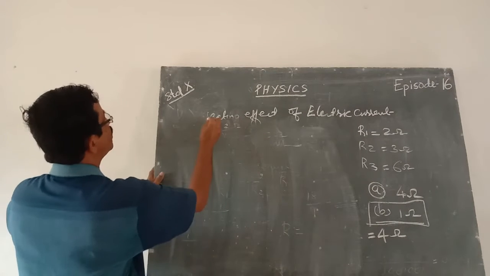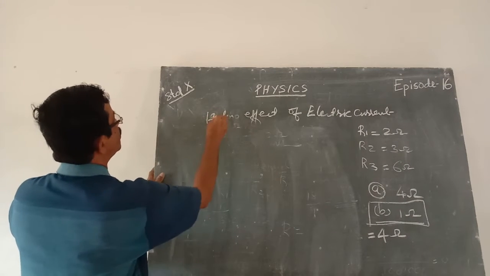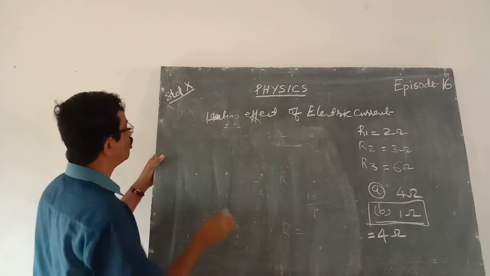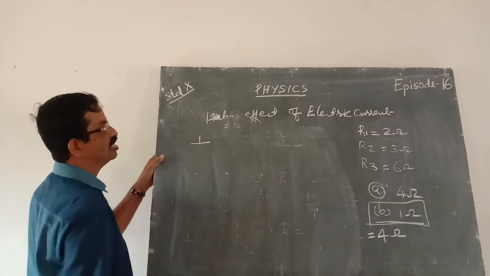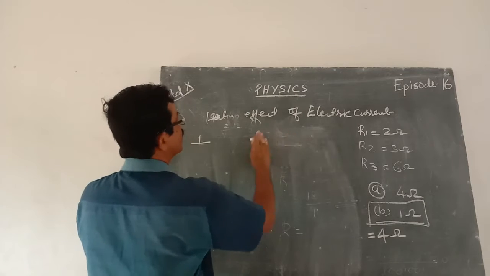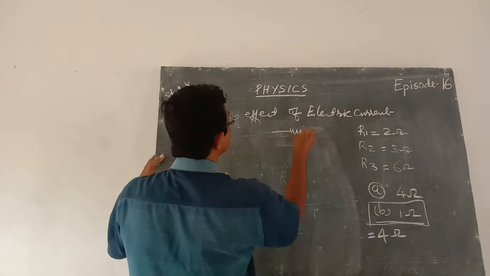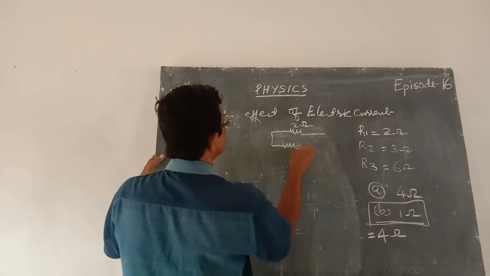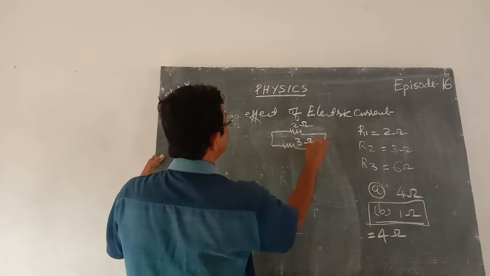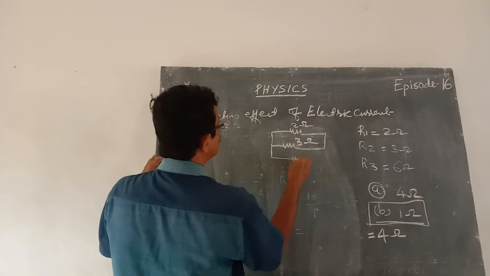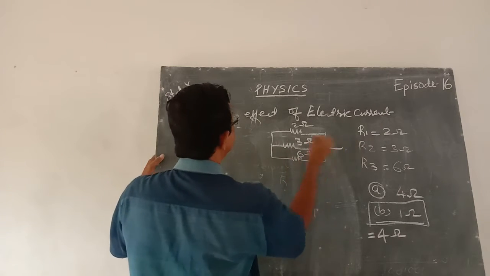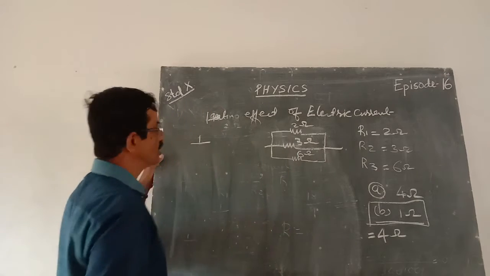Now to get an effective resistance of 1 ohm, we can connect the given 3 resistors, first one the 2 ohm, second one the 3 ohm, and third one the 6 ohm, in parallel.